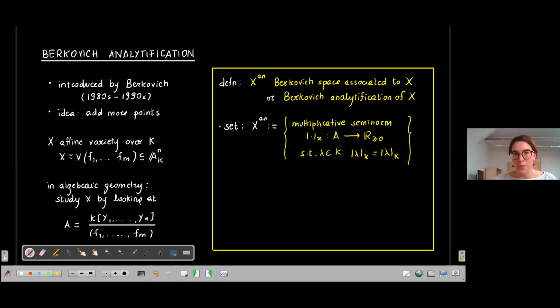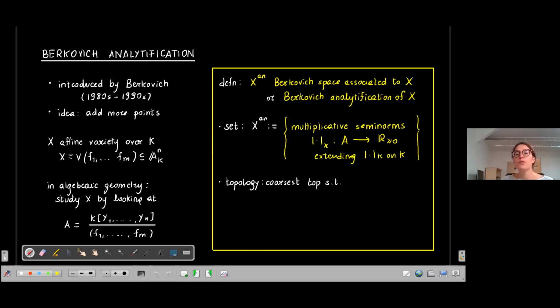Now, these are the points. Let's see what topology we want to consider on these points. We will consider the coarsest topology such that for any element f in our ring A, we can construct a map from X^an to the real positive numbers.